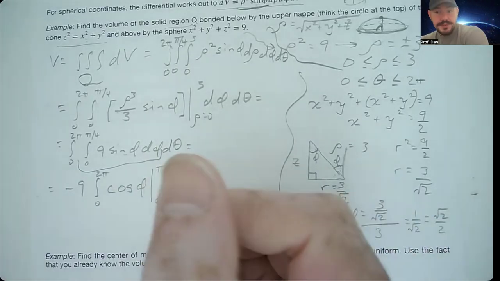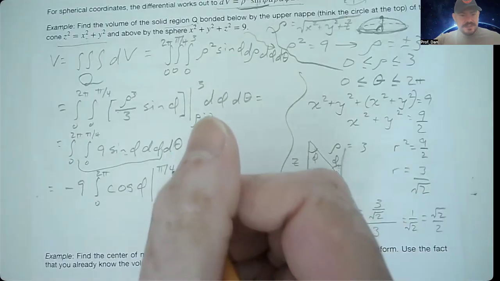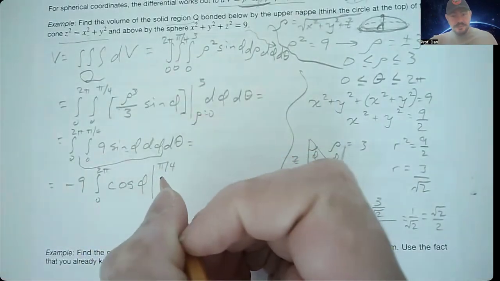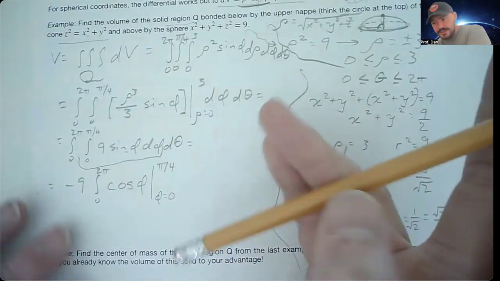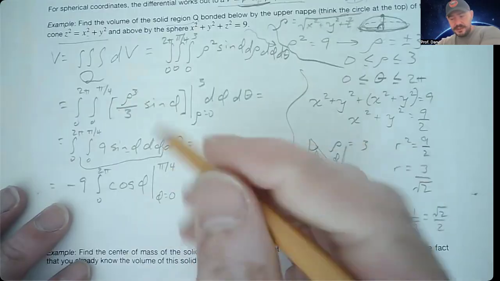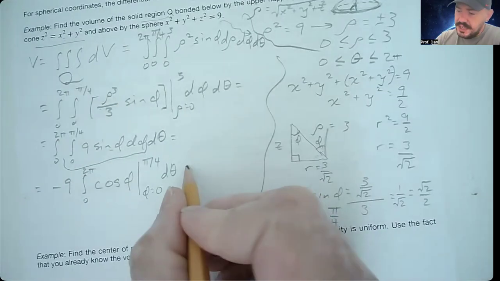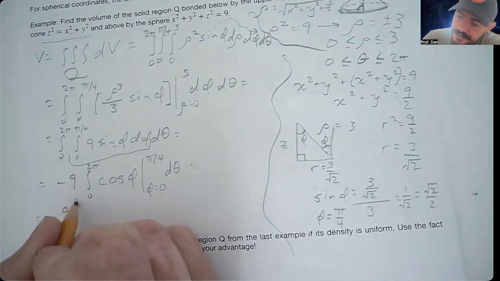And if we wanted to, we could do that thing again where we switch the bounds. The reason I would do that is because I know cosine of 0 is 1 and cosine of pi over 4 is less than 1. I don't have to, but I can. Either way, you would end up getting the following.